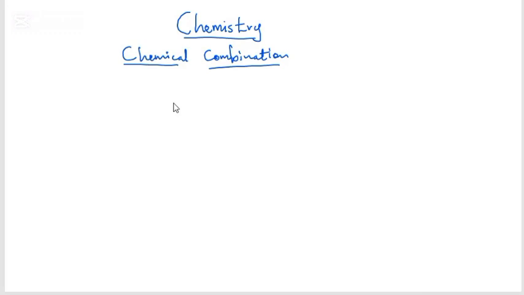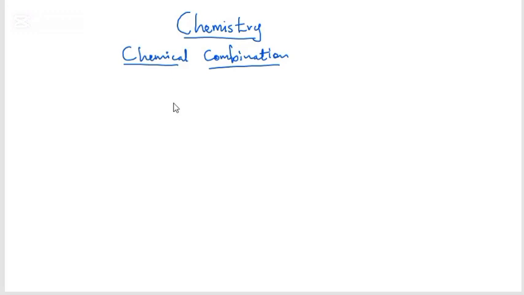Good. Chemical combination. So what do we mean by chemical combination? This has to do with the various ways in which compounds and molecules are bonded. That chemical bond, we say, is a cohesive force between atoms when they combine chemically.